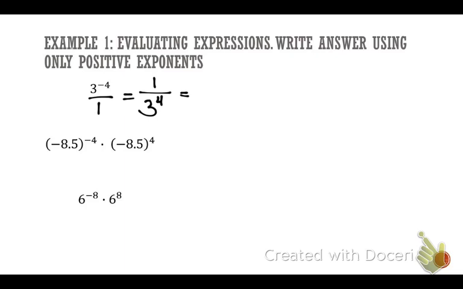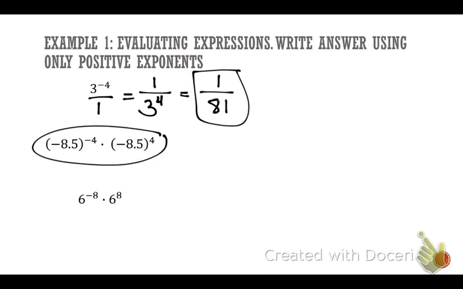Every time. So that's something you can memorize. 3 times 3 times 3 times 3, 1 over 81. So there's an answer here. Whenever you see the word evaluate, you're trying to evaluate any exponent you can, but it has to be a positive exponent before you can do it. All right, let's look at the next one.